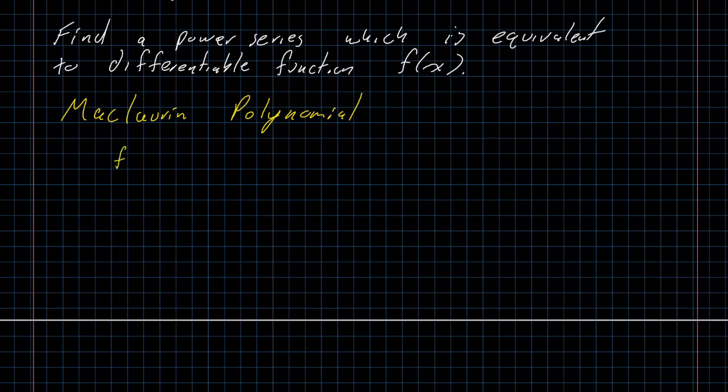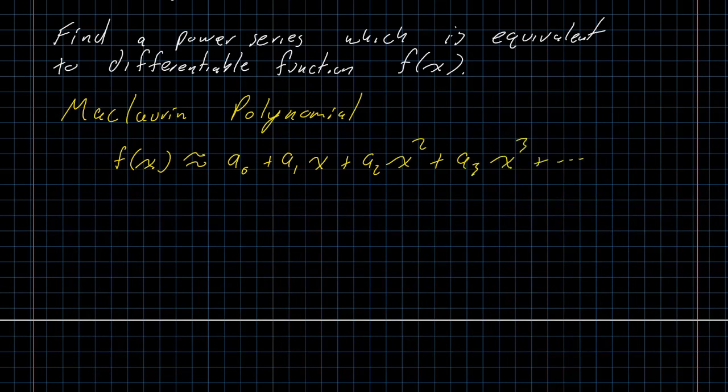So we're going to assume that we can write f of x approximately as a naught plus a1x plus a2x squared plus a3x cubed plus so on and so on. I'll show you this far in, and hopefully the pattern will start to make sense.